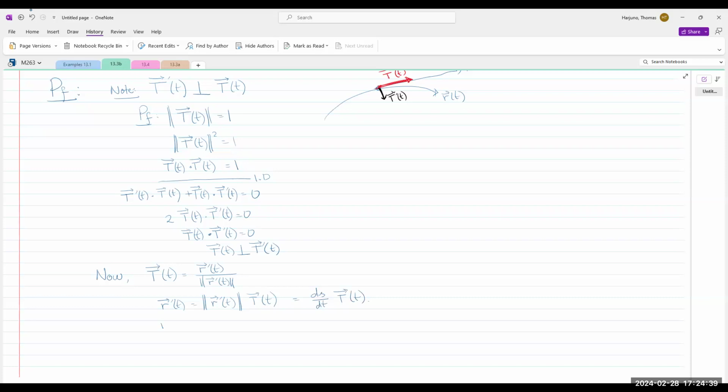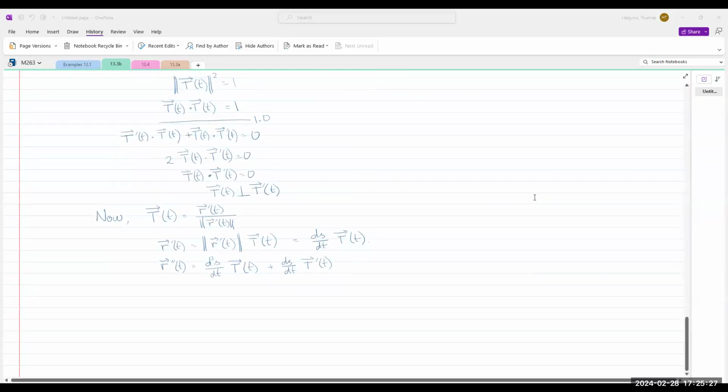Okay, therefore the derivative of r prime t, r double prime t, will be the second derivative of s, the next derivative of ds dt, times the unit tangent vector plus ds dt times T prime t. Okay, give me a second. Now we have the second derivative of r(t) looking like that.